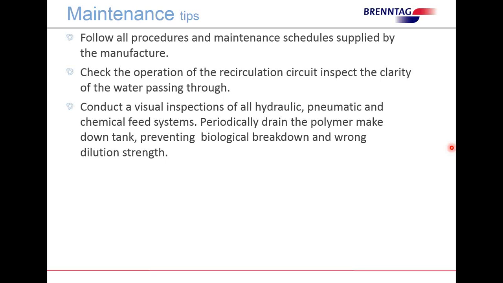Conversely, if they're working and doing something and forget, and put polymer in when it's almost empty or empty, now your dilution strength is considerably less. So make sure you periodically drain the polymer flocculant tank and the coagulant tank, if you're making it down, to make sure you don't get biological breakdown and you have the correct dilution in both tanks.